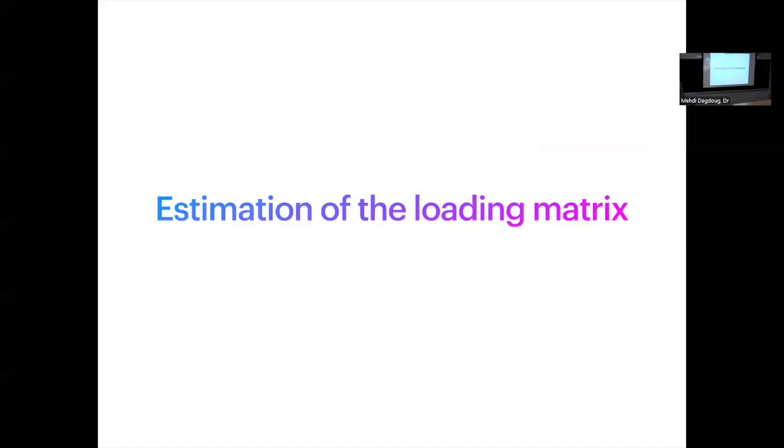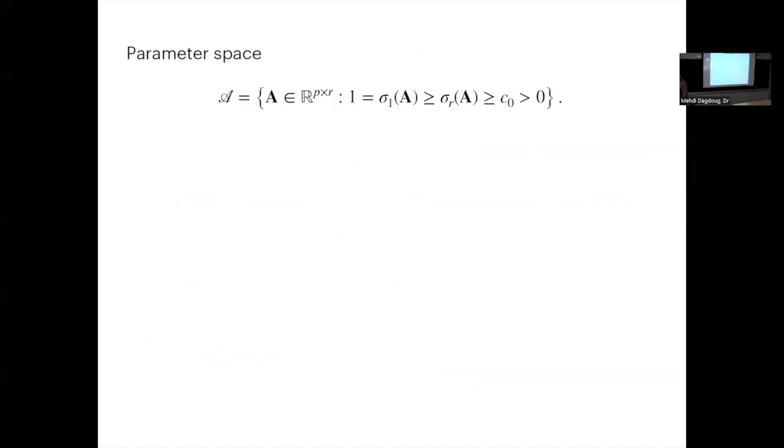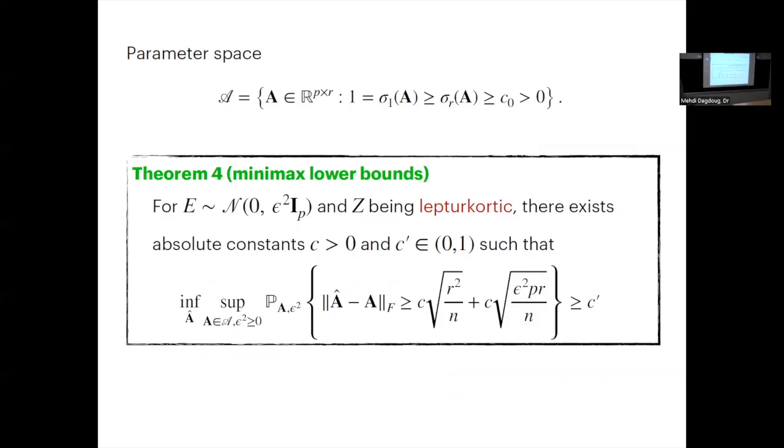I don't think I have time to talk about the loading matrix because I really want to present two numerical results related with this project. For estimating the loading, I'll first give you a quick sense of what we have. We have a minimax lower bound for estimating A hat in this problem. So this tries to understand the difficulty of estimating A in our model.